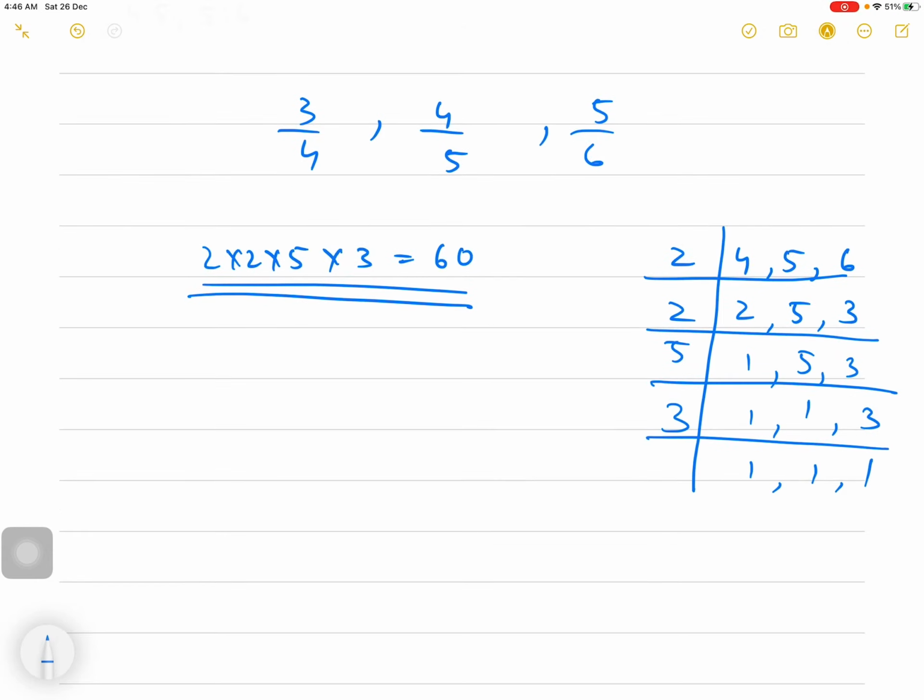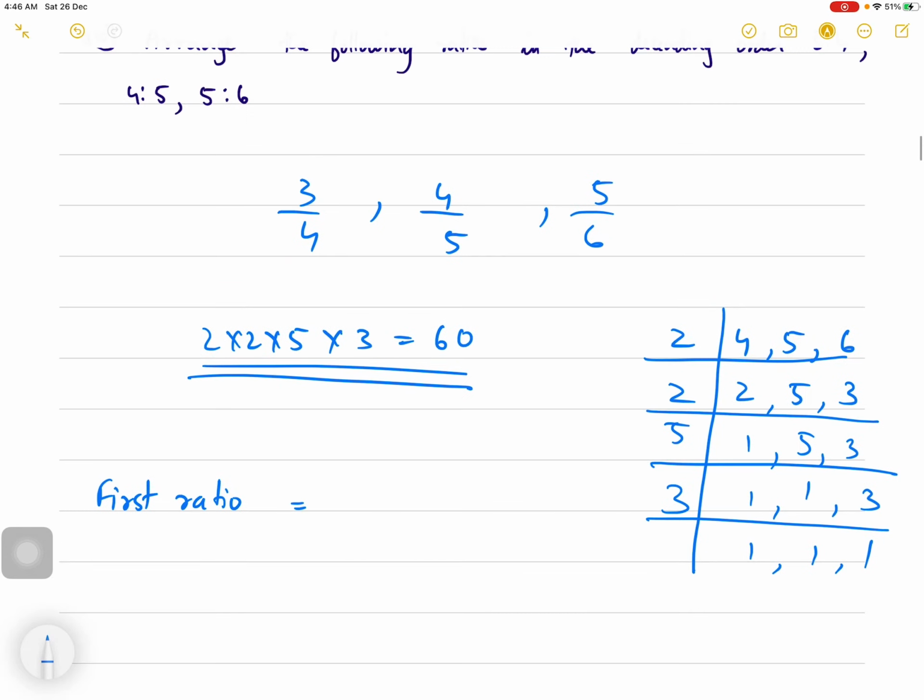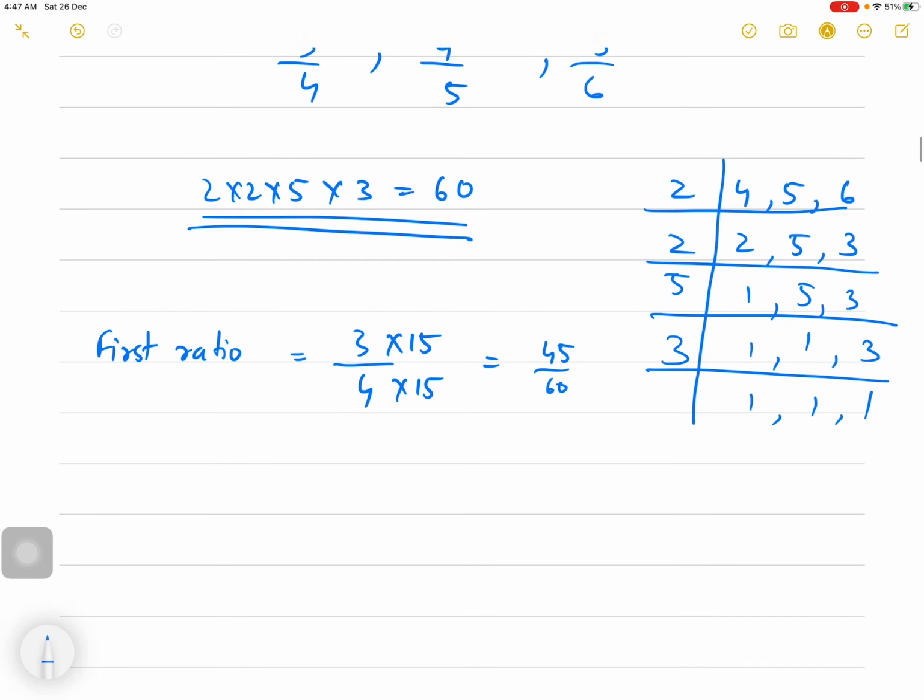Okay, so the first ratio is 3 by 4. To make the denominator 60, what I have to do? I have to multiply and divide by 15. So 4 into 15 is 60, right? So now this ratio has become 45 by 60. Now second ratio.